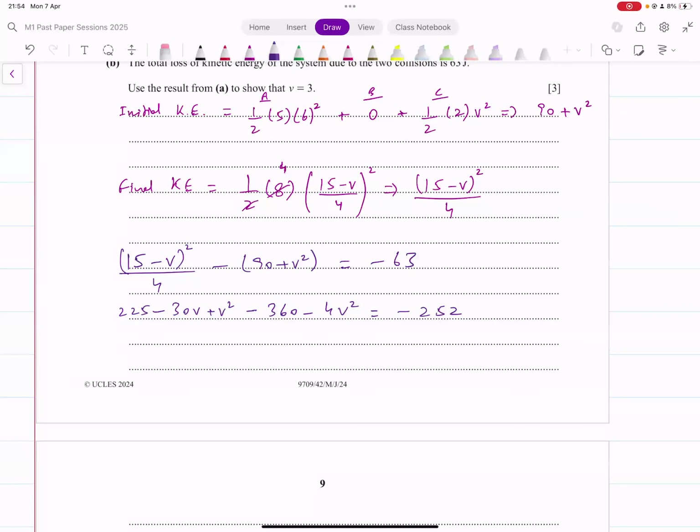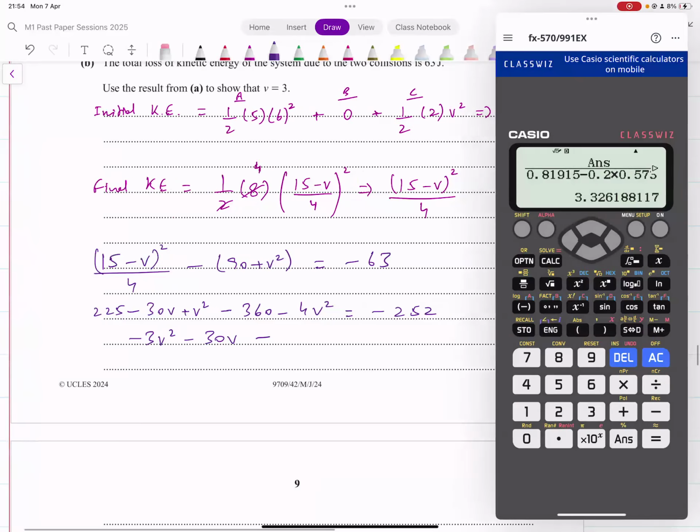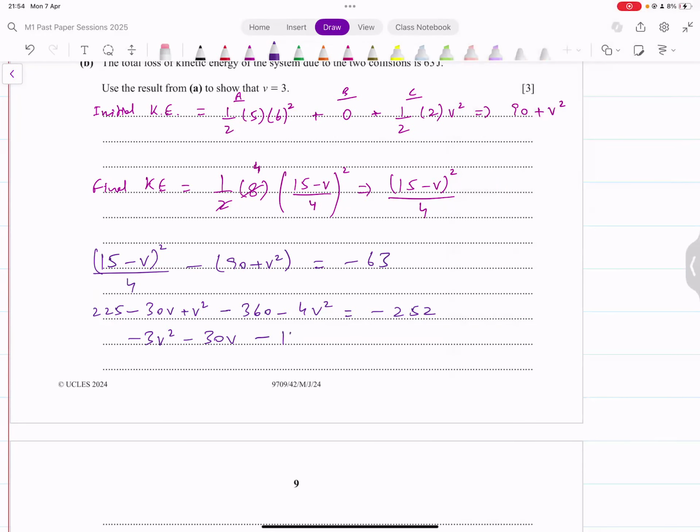Okay, now this gives us minus 3v squared minus 30v, and what's this? 252 minus 360 plus 225, that will be 117.